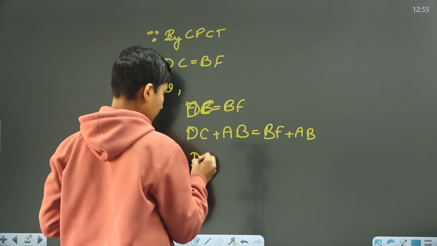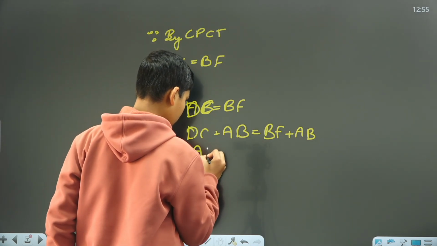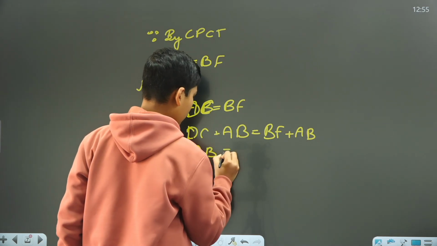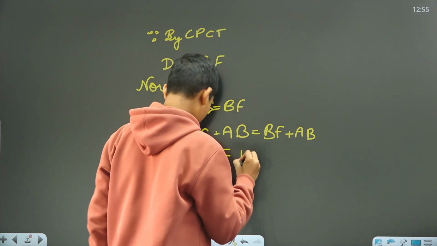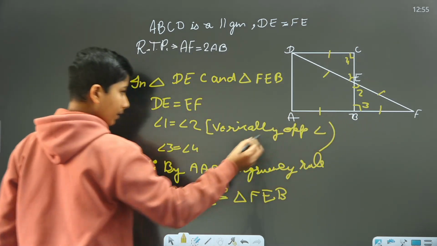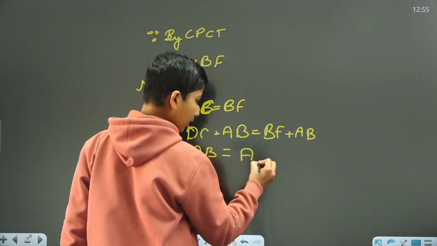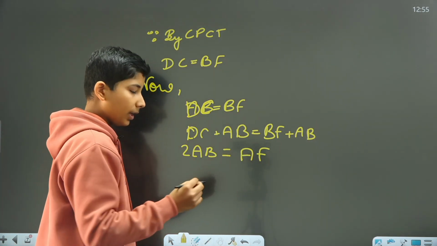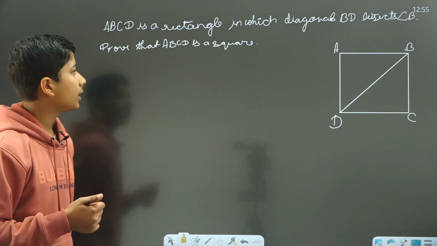So, twice of AB equal to BF plus AB. BF plus AB is AF. So 2AB equal to AF. Hence proved. Now let's come to our next question.